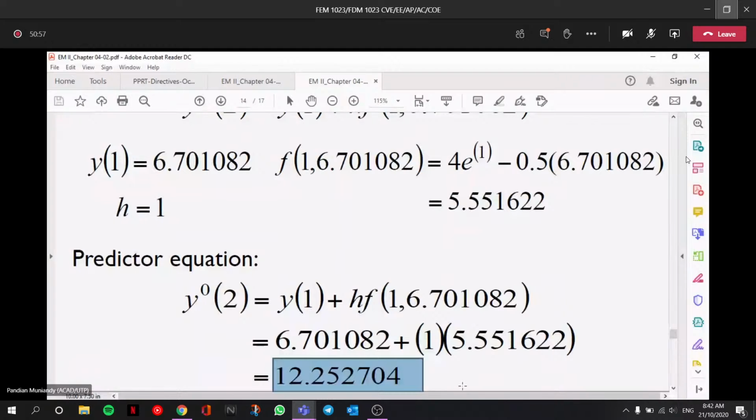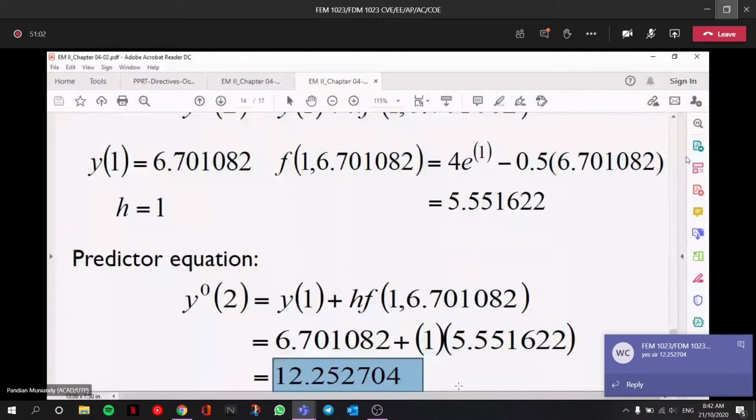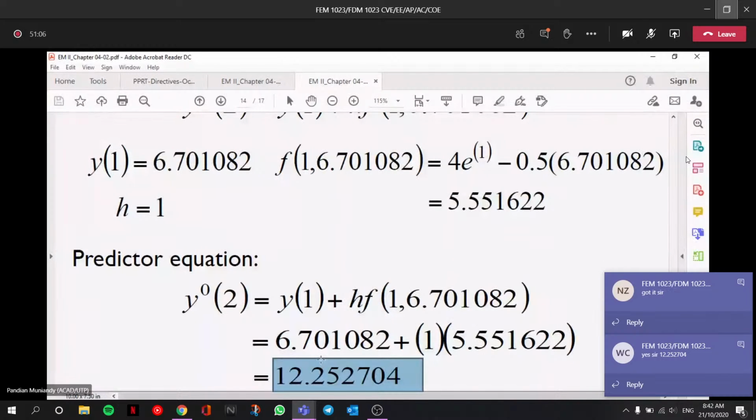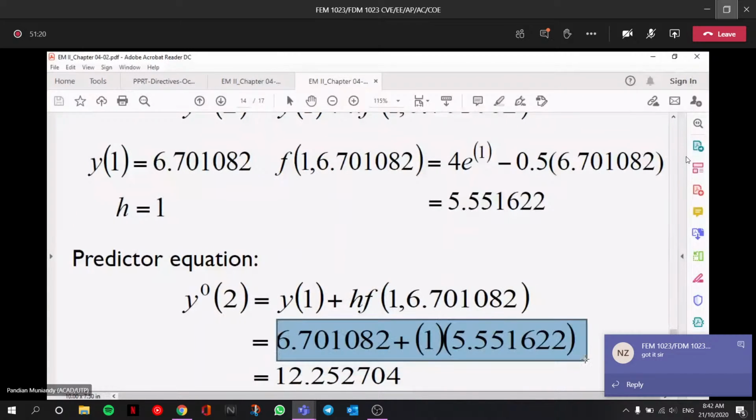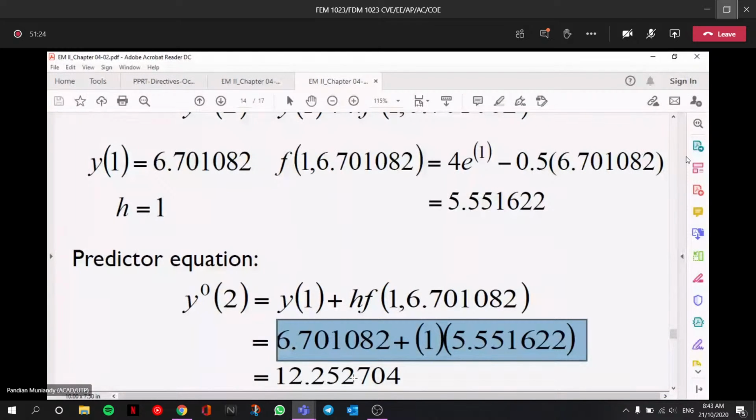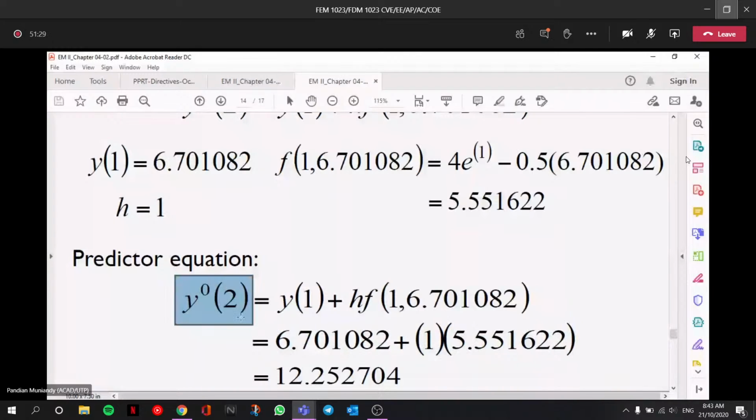Could you please do it now? I'm waiting. 6.701082 plus h is 1, 5.551622. If you add these two together, you should be able to get 12.252704. This is your y naught at x equals 2.